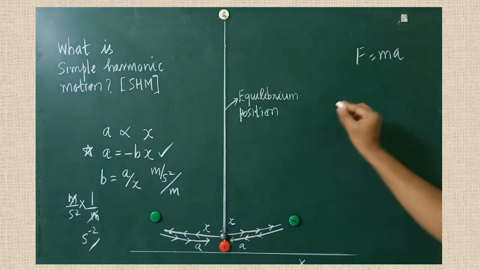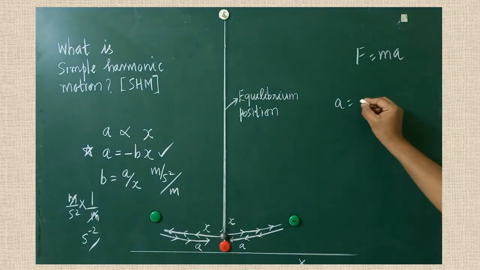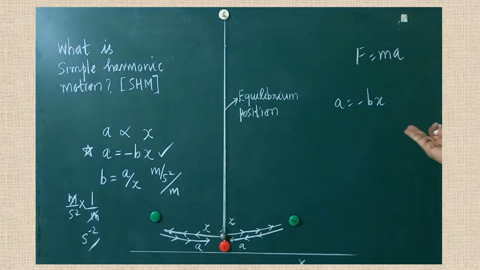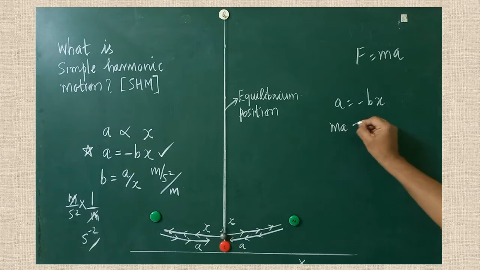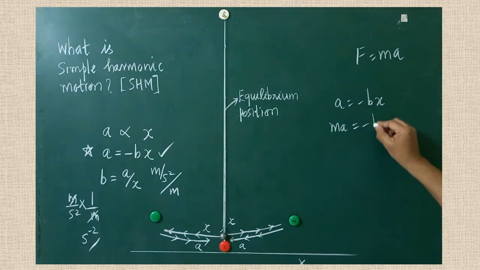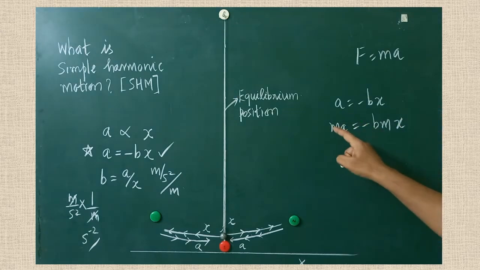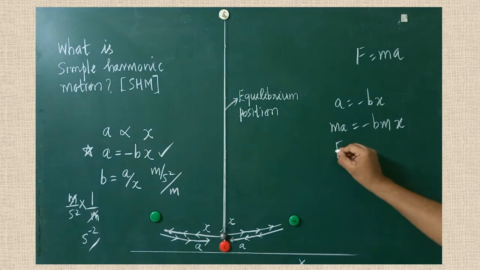Are you clear? Let us take the equation A is equal to minus Bx. On either side, multiply by m. M into A is equal to minus B m into x can be written. Now this m into A can be replaced by the factor called force.